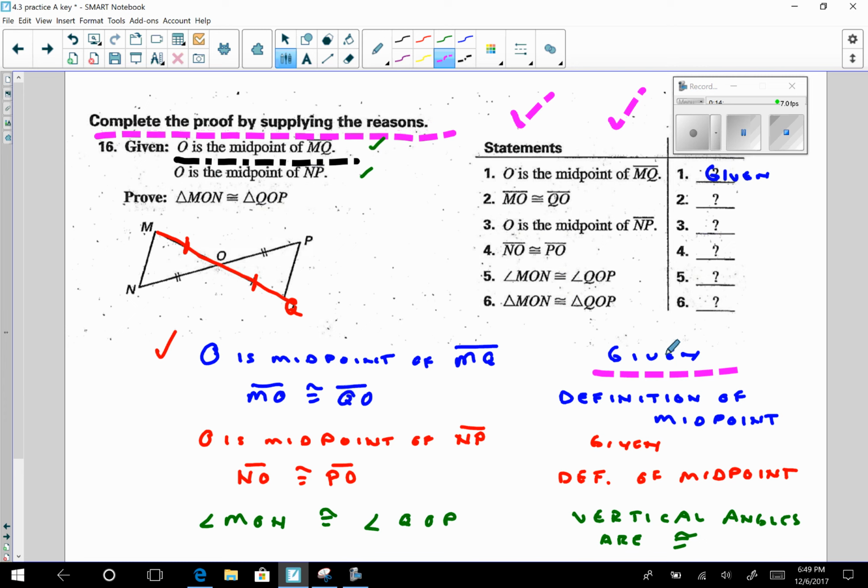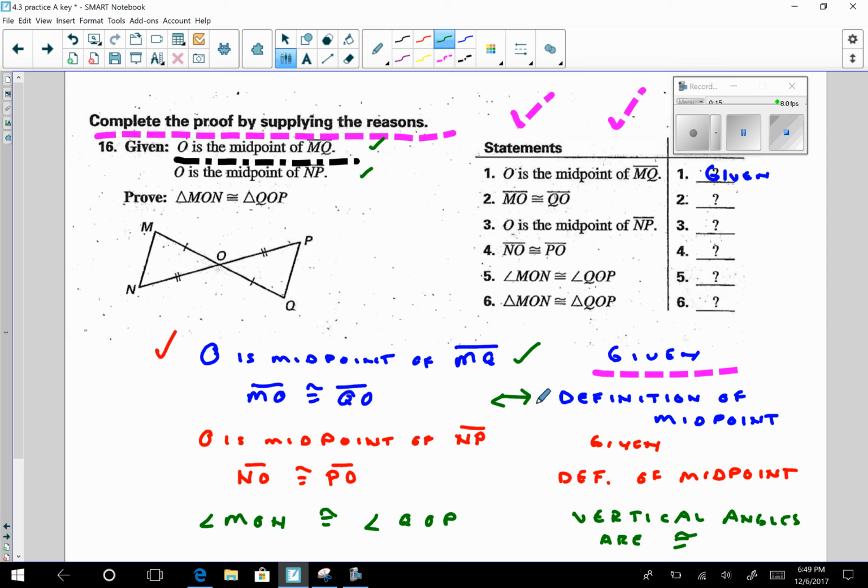And what does that tell me? Because keep in mind, I want to prove segments congruent or corresponding angles congruent. This tells me that MO is congruent to QO. Why? This is the definition of midpoint.